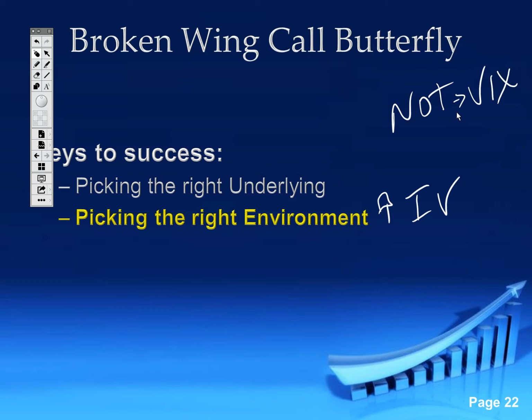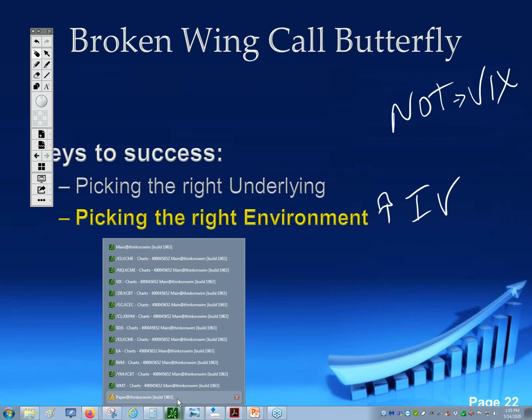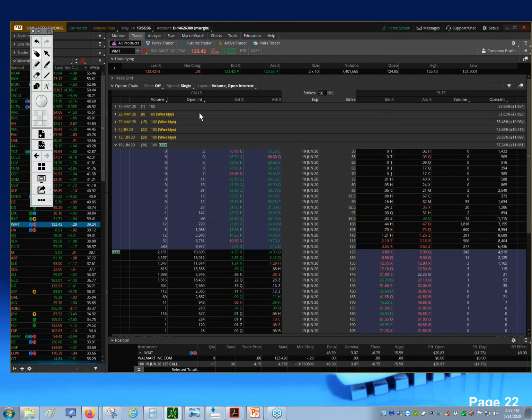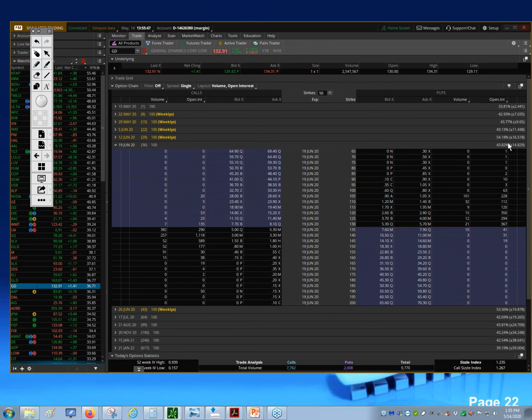Each stock is its own beast, and every stock has its own volatility coefficient. So we could go over here and look at Walmart, for instance. It's a $100 stock right now. Implied volatility is 37. I could go and look at General Dynamics, and it's 43, right? Does that mean that General Dynamics has higher volatility?